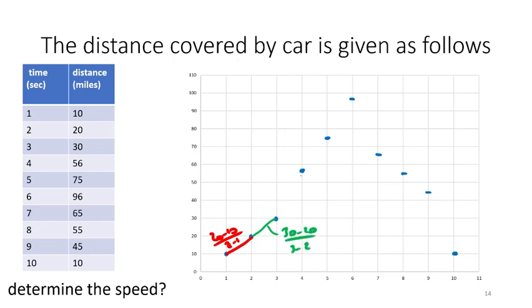And if you look for the velocity in the third case, here, that is 56 minus 30 divided by 4 minus 3. So this way you can calculate the velocity for each section.